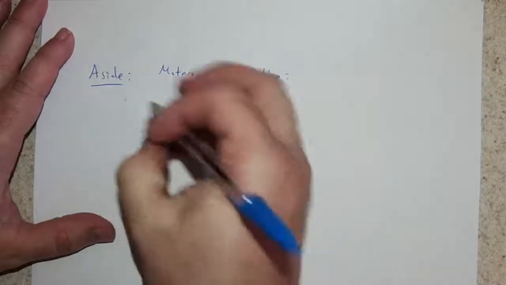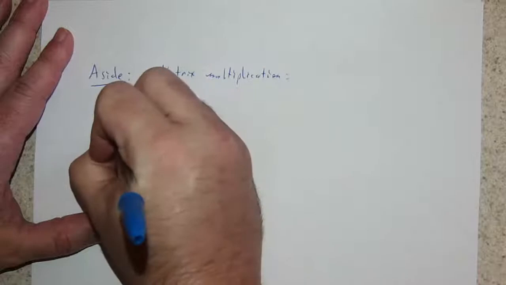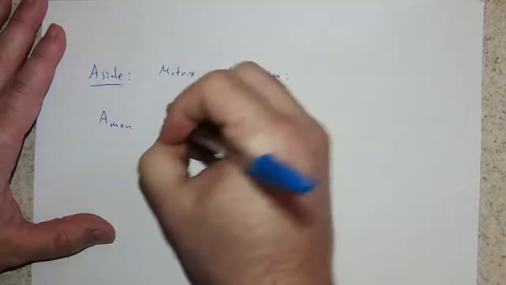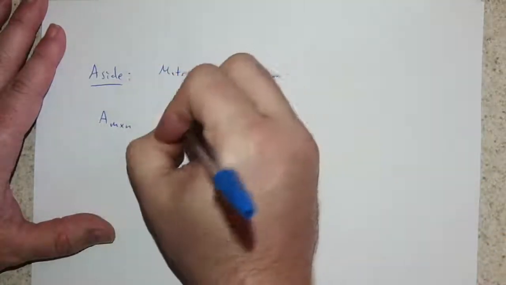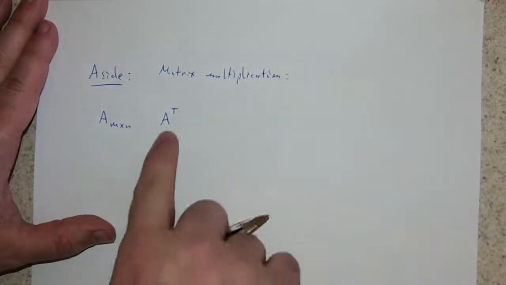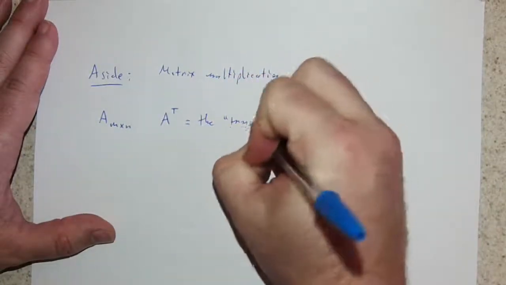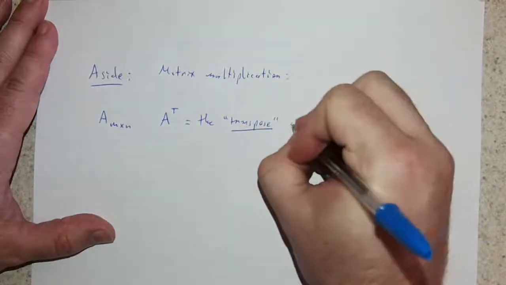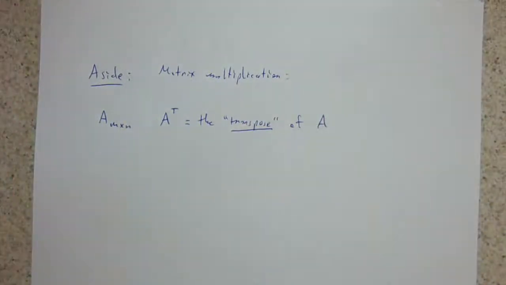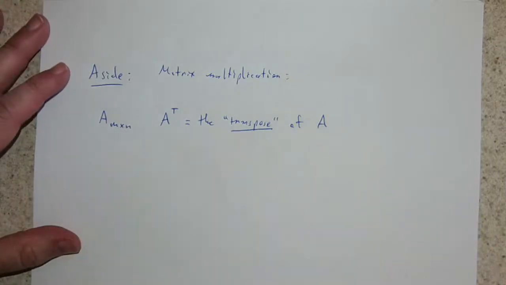Okay. So first, what does it mean to transpose a matrix? If I have an m by n matrix, what does it mean to take that matrix and transpose it? To transpose, so this is the transpose of A. Well, all that transposing a matrix does is it swaps the roles of rows and columns.